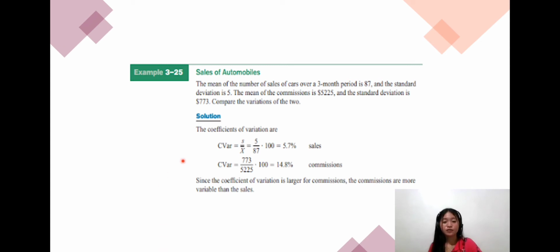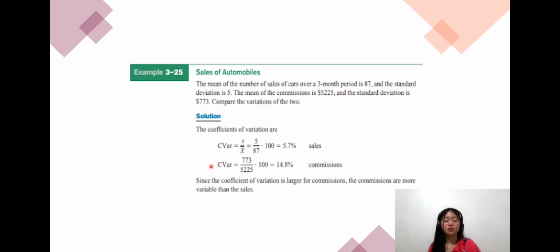The coefficient of variations are, so, the S for sales is 5. Our standard deviation is 5, and our mean is 87. So 5 divided by 87 times 100 equals 5.7%. That is for the sales.